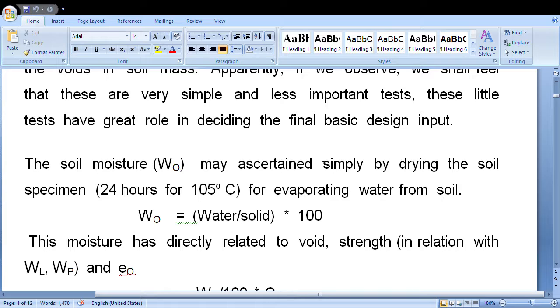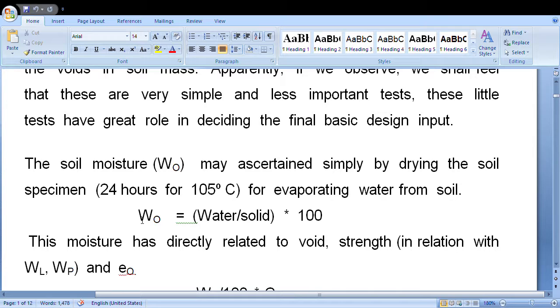Or instead of 105 degrees centigrade, we can reduce the temperature and keep it for more time, which is better, because there are chances of overburning of the soil. So appropriate care shall be given at the time of oven drying of the test specimen.